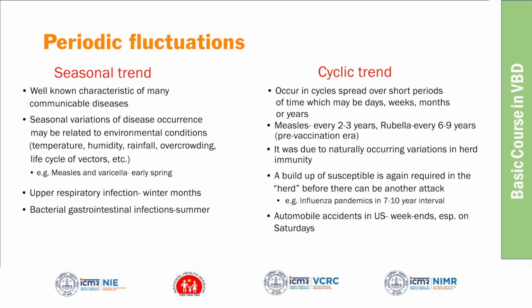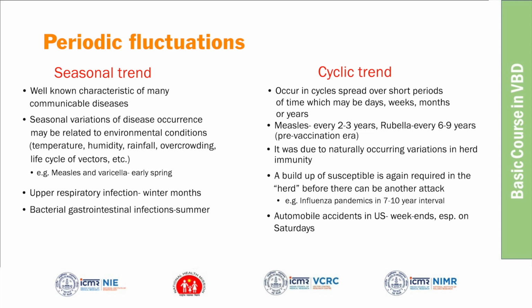In contrast, what about the cyclic trend? These types of infection occur in cycles spread over short periods of time, which may be days, weeks, months, or years. One example, from the pre-vaccination era, is measles every 2 to 3 years and rubella every 6 to 9 years. It was due to naturally occurring variations in herd immunity.